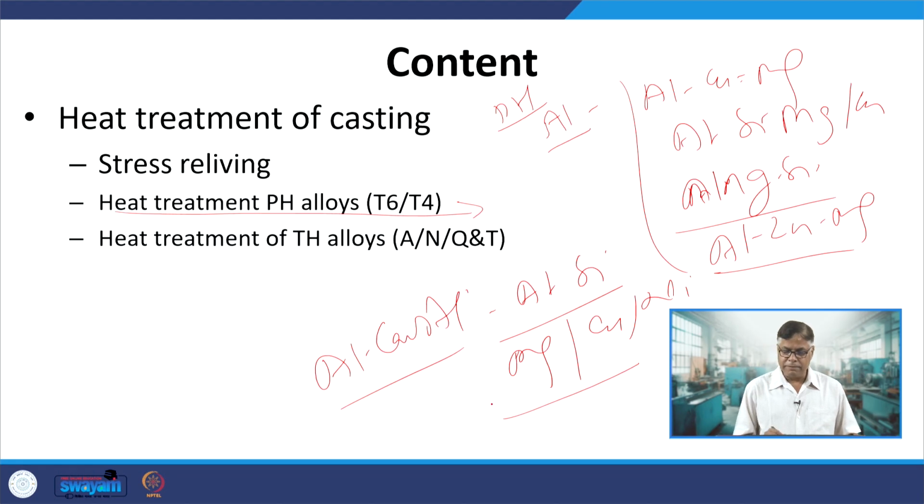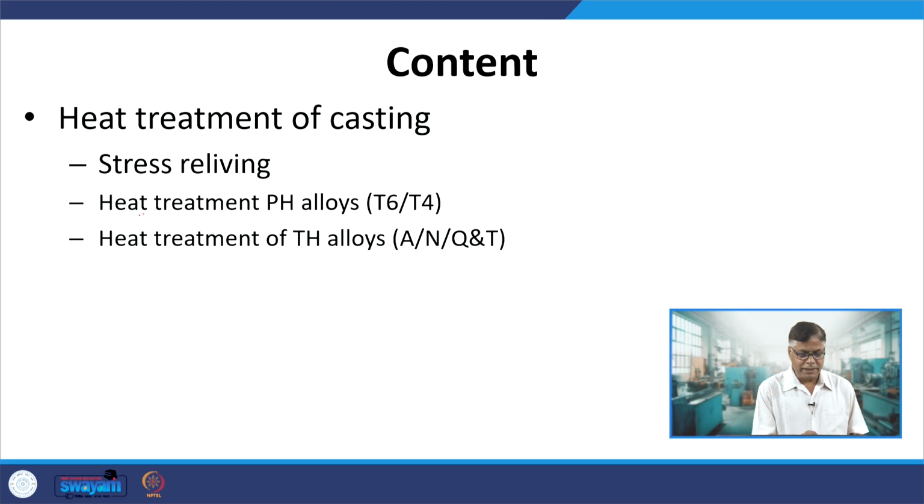When these alloying elements are there, they allow precipitation hardening during the heat treatment of the castings, by forming precipitates in the casting to enhance the strength and hardness. That is true for the precipitation hardenable alloys.